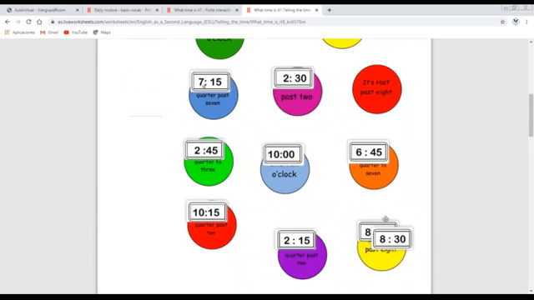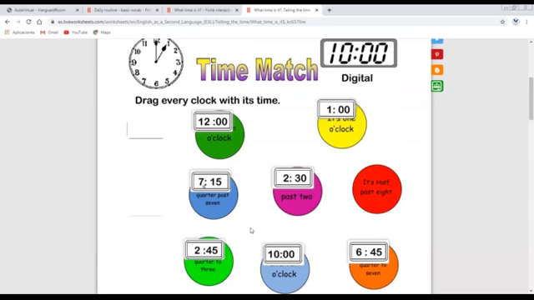Look at the yellow color. It's 8:30. Okay, it's 8:30. So now we finish. We have to say the time again.